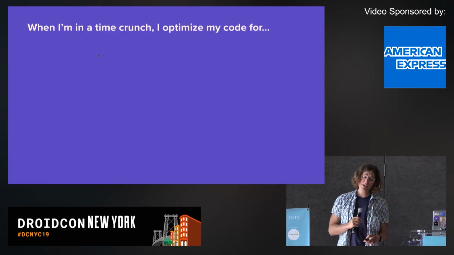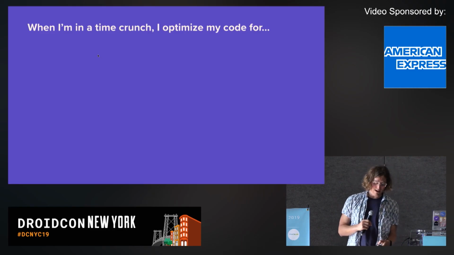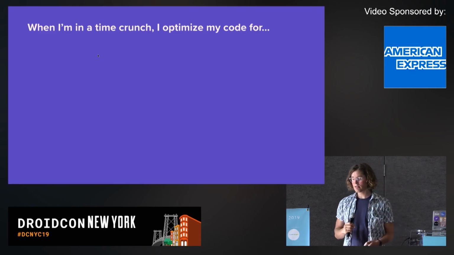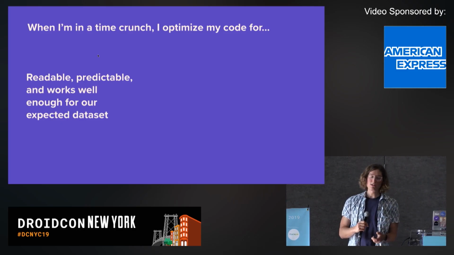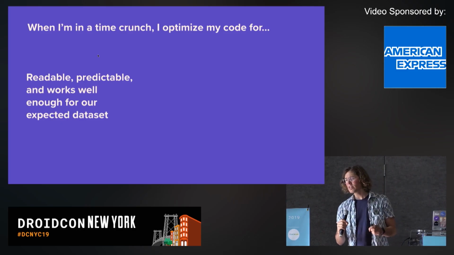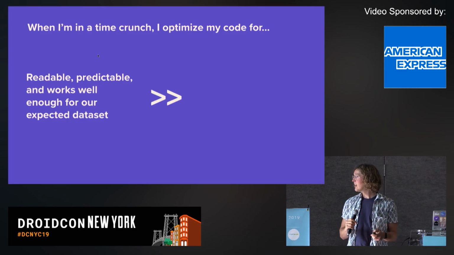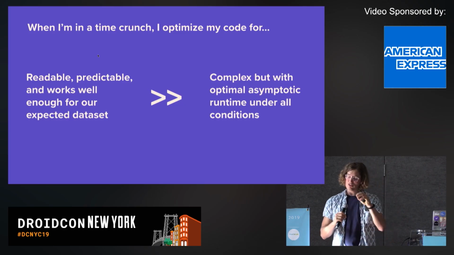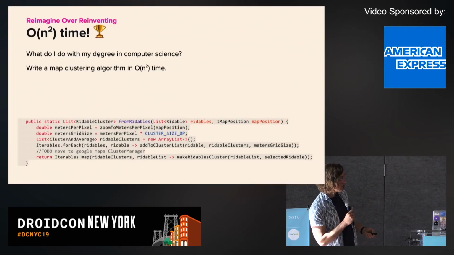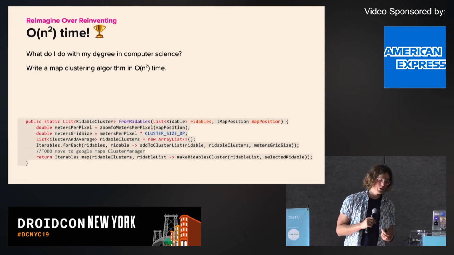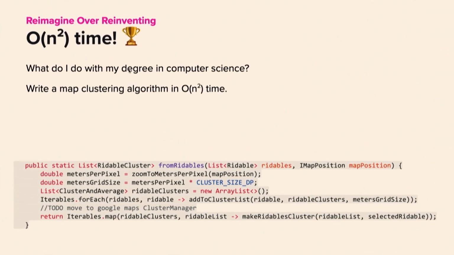So when I think you have to write things from scratch, I have this prioritization in mind. I would much rather have readable, predictable code that just works well enough versus anything that is complex but asymptotically perfect. So to write a map clustering algorithm, I did it in O(n squared) time, which, I have a master's in computer science, so part of me was super, super mad at myself.